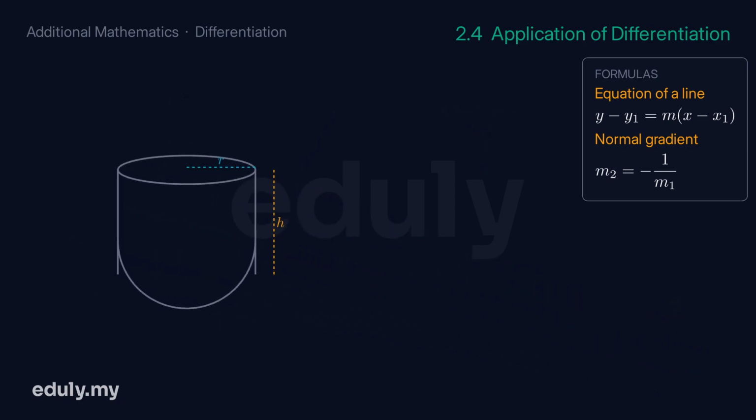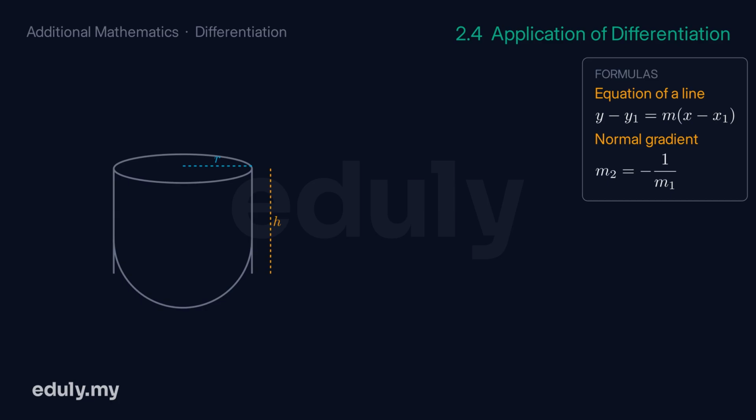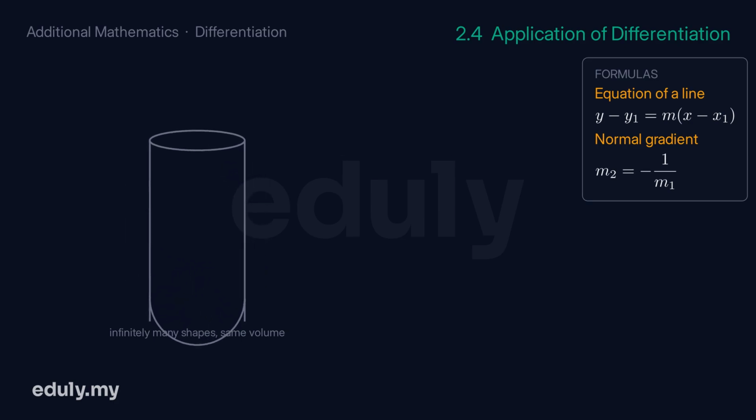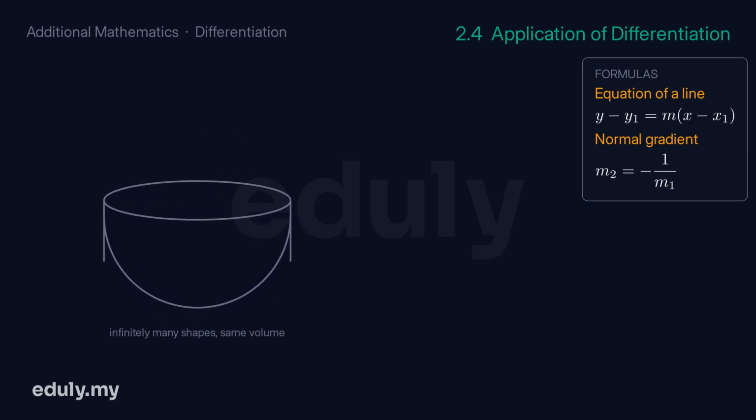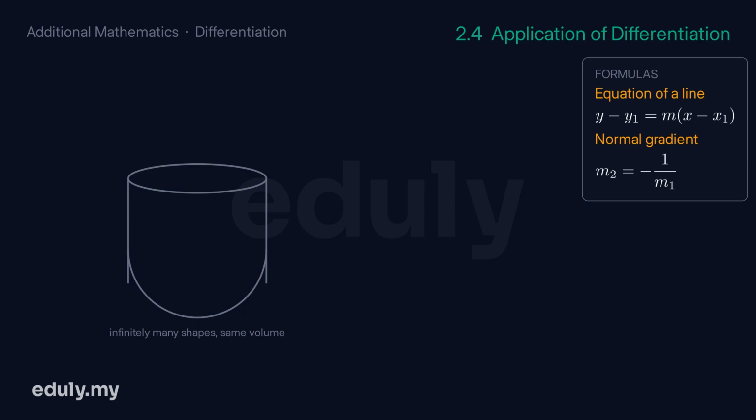You have both tools. 2.2 finds a flat spot, 2.3 finds max or min. New step, turn this into one variable. This tin has two free numbers, r and h, and infinitely many pairs hold the same volume.